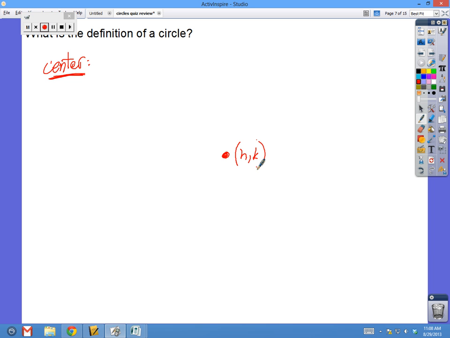Now, what else do I need for a circle? You need another endpoint. How many endpoints do you need? So the definition of a circle, let's try this. The definition of a circle is an infinite number of lines.